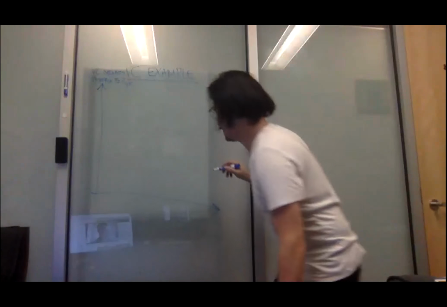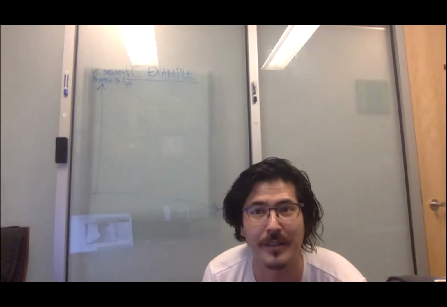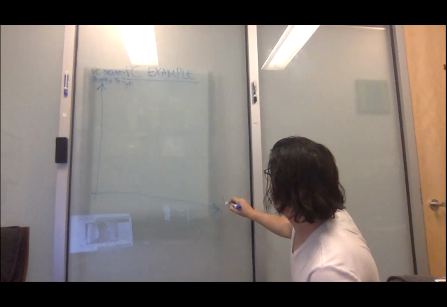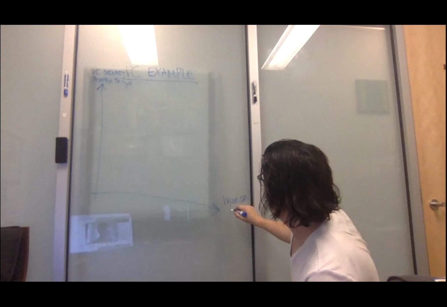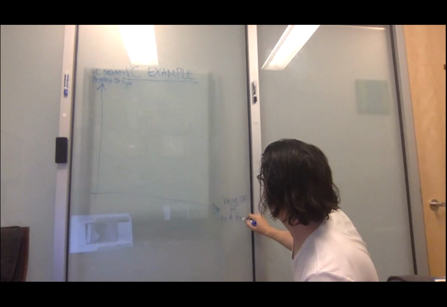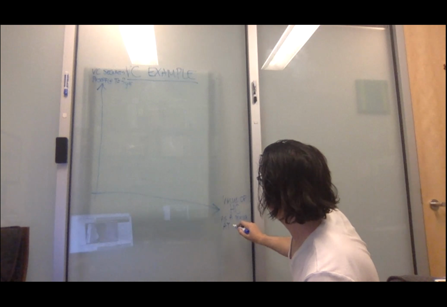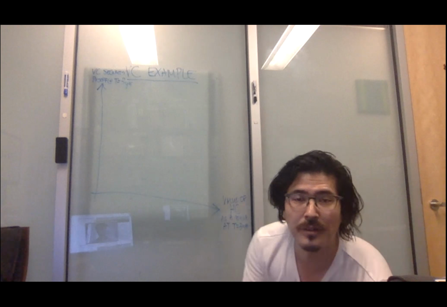And now what is the x-axis? The x-axis is always the underlying. So what is the underlying? It is the value of HC as a whole at t equals 3 years.